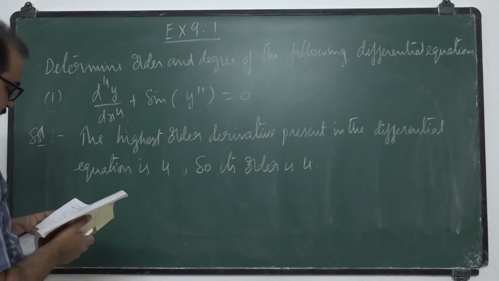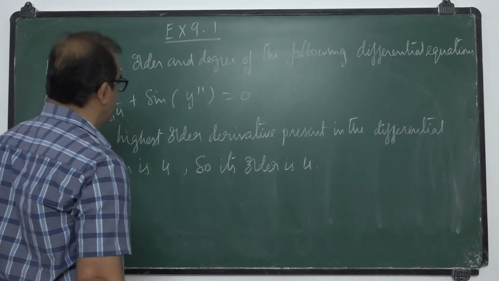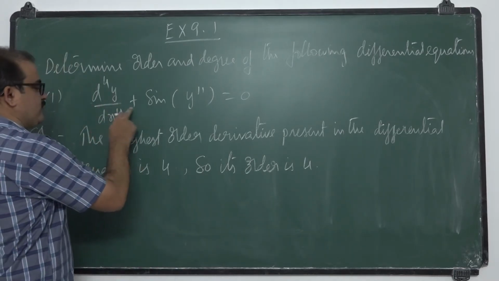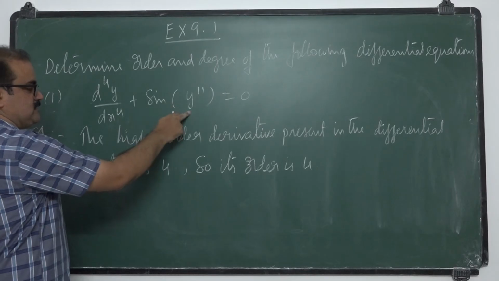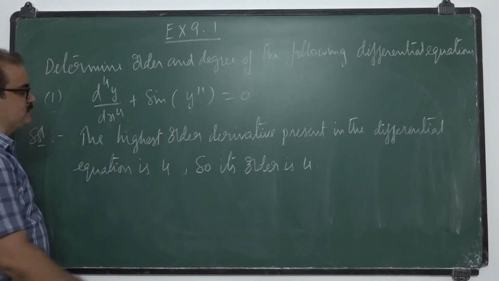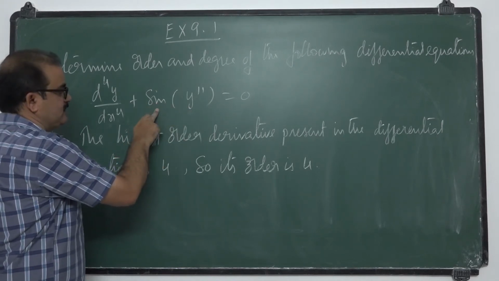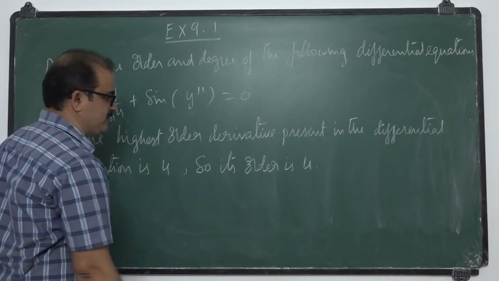Next, find the degree of the differential equation. See here, the given differential equation is not a polynomial equation in derivatives. The second derivative is inside sine, so it is not a polynomial equation.